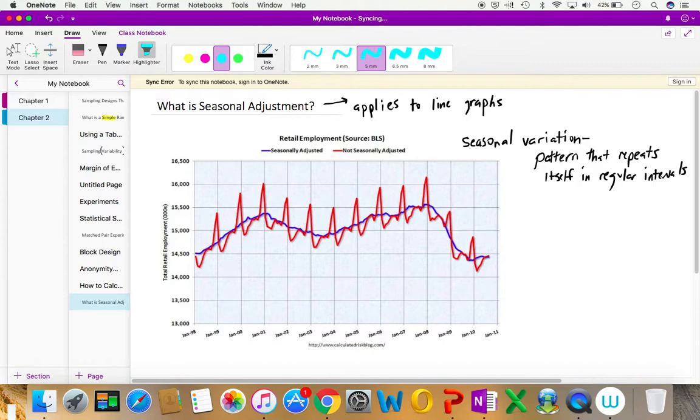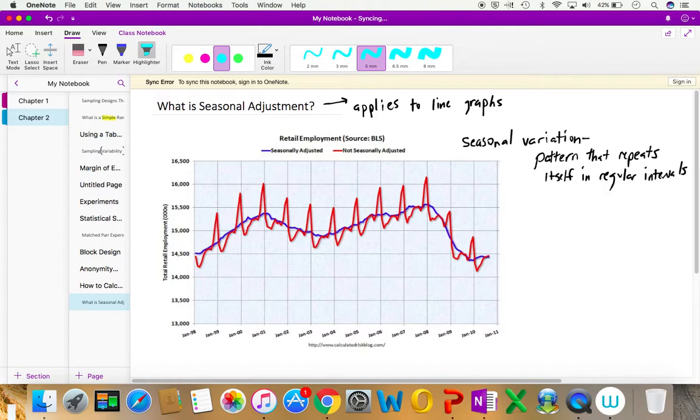If we're asked what happened to retail employment over that period, we're not interested in what happens within each year. We care about the pattern in the long term, especially if the short-term pattern is pretty much the same year in and year out.